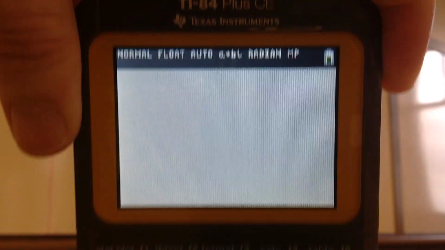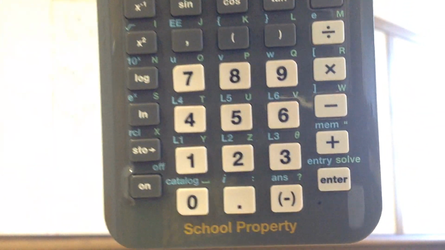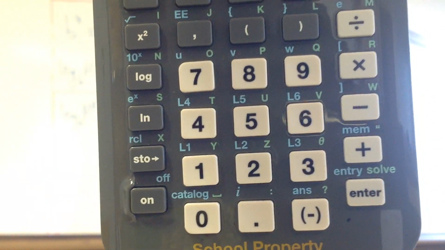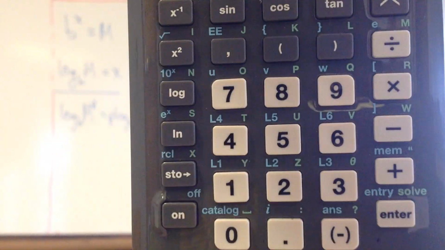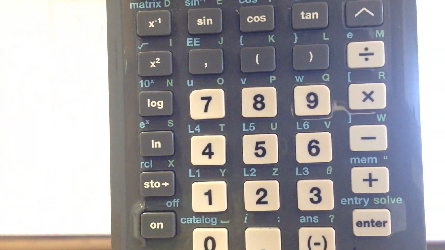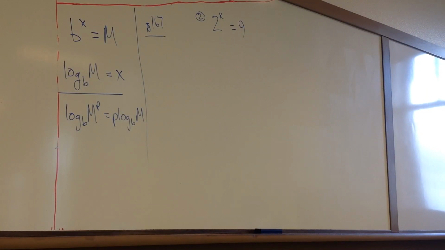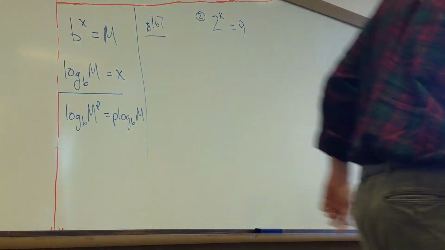So let's get the focus here on the calculator. There we go. You see the log key, that's log base 10, and there's the ln key, that's log base e. We're going to use those to solve these equations, and I'll show you a little bit more when we get to that point.